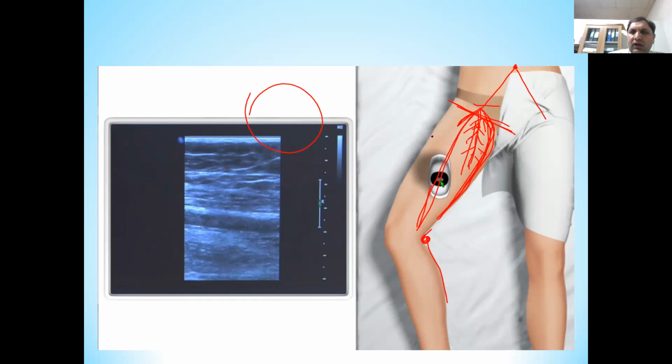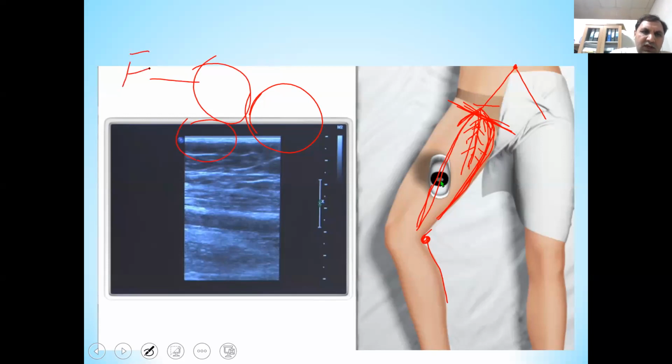Okay, so if we are taking access of the femoral artery and vein of the vascular system at the inguinal crease, and we are placing our transducer in short axis view like this, we will have the common femoral vein at the center. Laterally, there will be the bifurcation of the common femoral artery into the profunda femoral artery and the femoral artery.